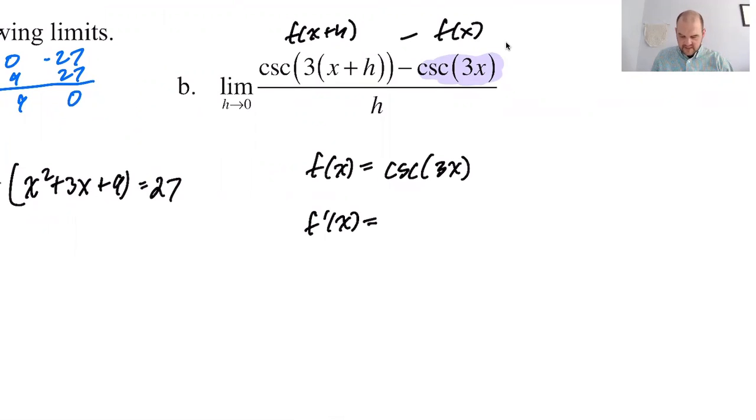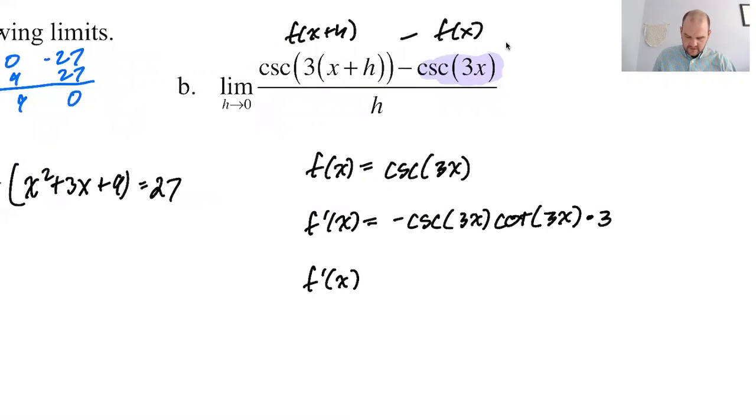And the derivative of cosecant is negative cosecant cotangent. But then chain rule gives me a 3. And I'm just going to leave that like that. I mean, I could rewrite it as negative 3 cosecant cotangent. It looks better, so I'm going to do it actually. It's all about looks. Not really. It's about ease of use, I guess.